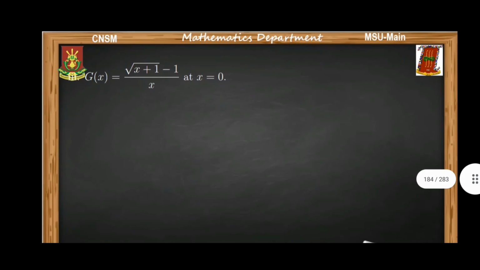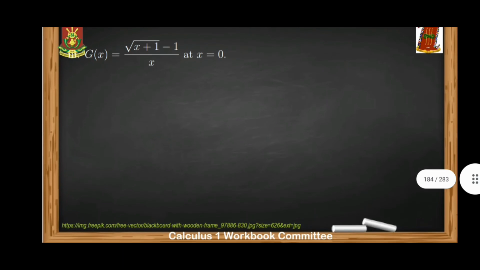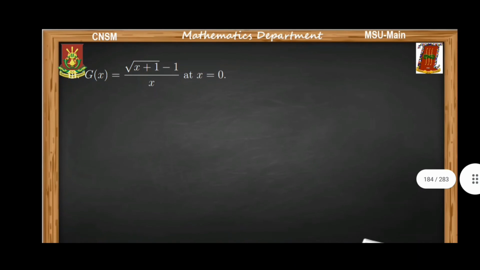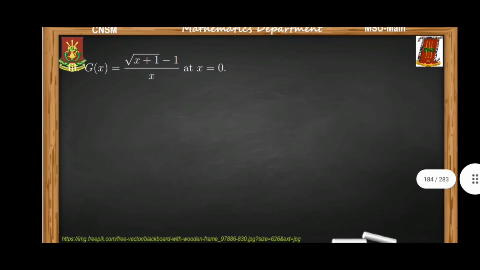Third one, for example 1.61. Function g of x is equal to square root of x plus 1 minus 1 over x at x equals 0. So in this equation, makukuha na natin yung idea, which is nag-denominator siya ng x and the value of x is also 0.